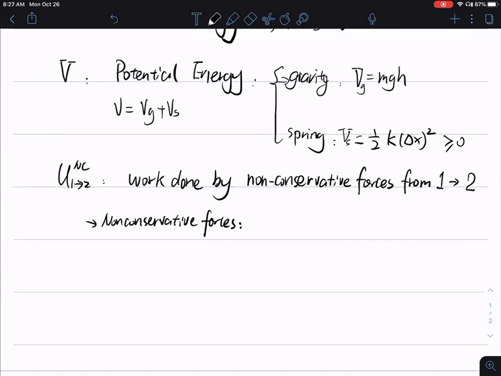That's work. So let's do that. Work is calculated by force times the distance as it traveled.